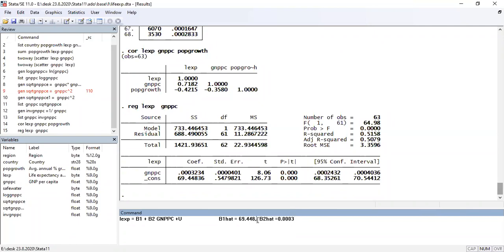That is the slope. One is the intercept, which is 69. Another one is the slope, 0.003. So if GNP per capita increases by $1, life expectancy at birth on average increases by 0.003 years.